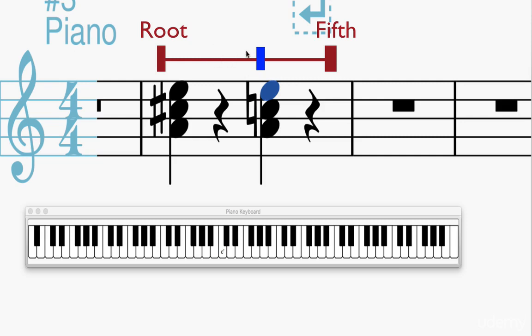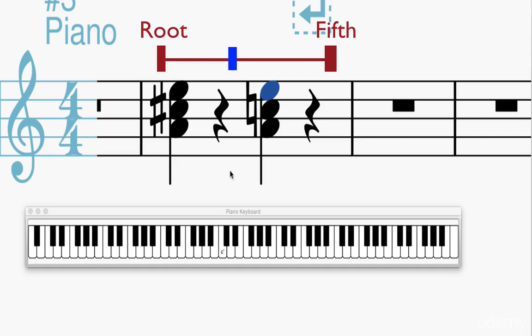So this is actually a half step bigger than this distance over here, okay? But now if we move the third to be a minor third, it slides over there, and now this distance is bigger because this spot doesn't move. So the distance here is bigger than the distance here, so now you have the minor third at the bottom and the major third at the top, because the major third is a bigger distance.